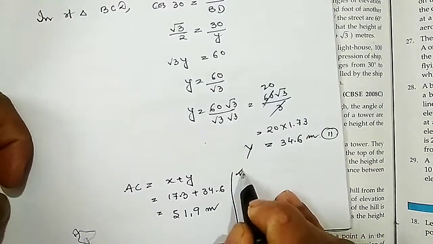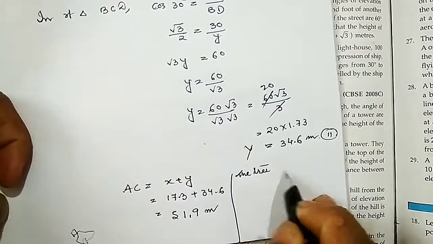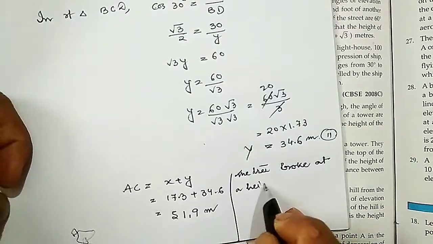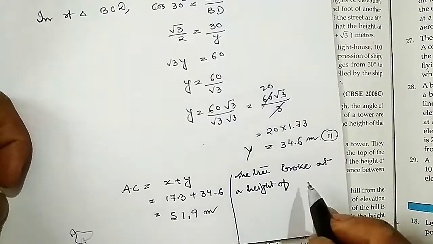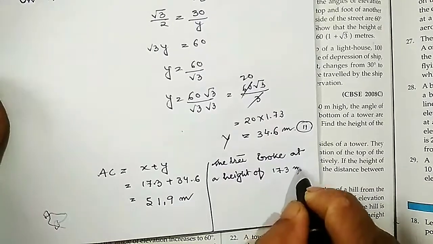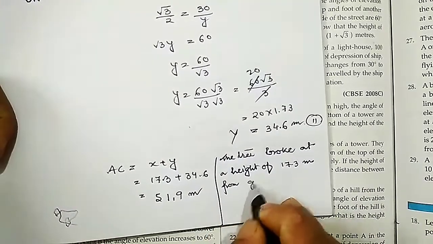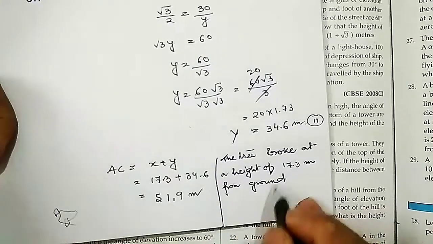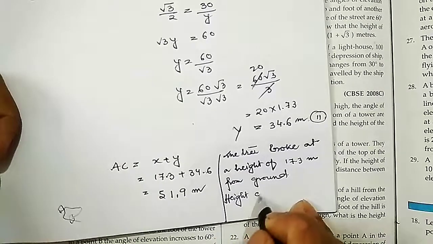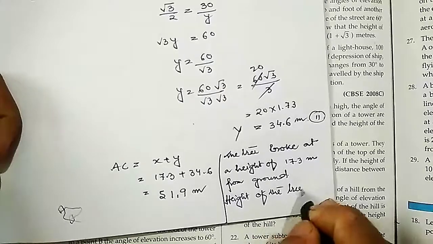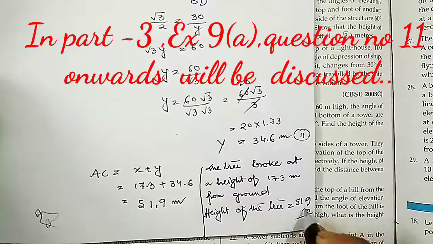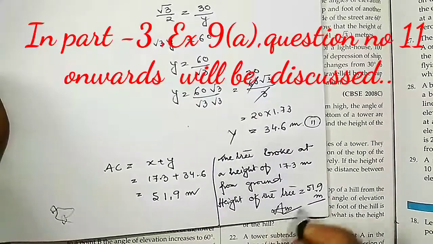The tree broke at a height of 17.3 meter from the ground. This is the first part. And second part, the total height of the tree equals 51.9 meter. So these are the two answers. So this is our required answer.